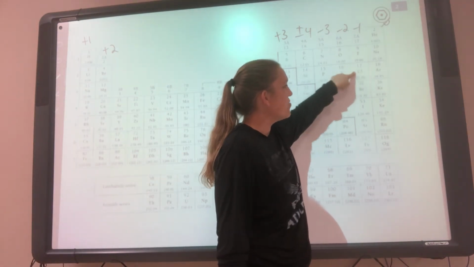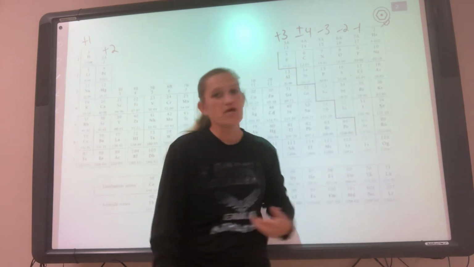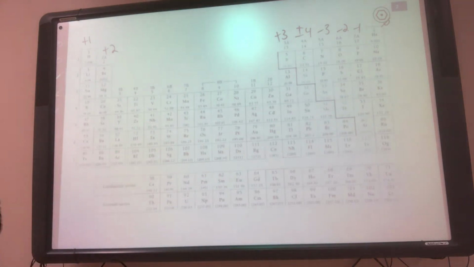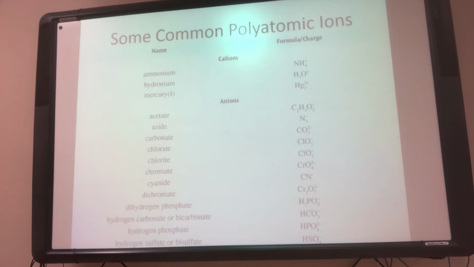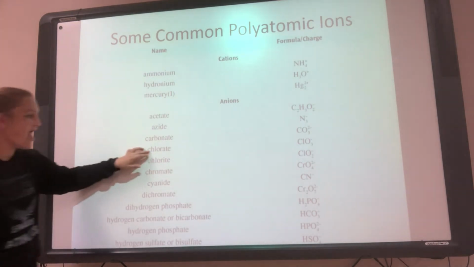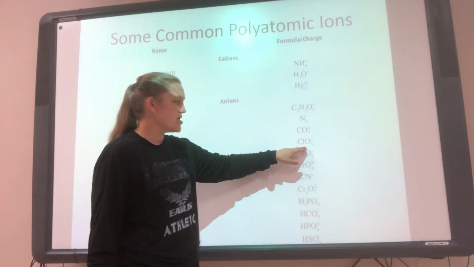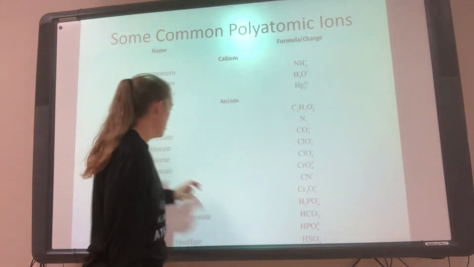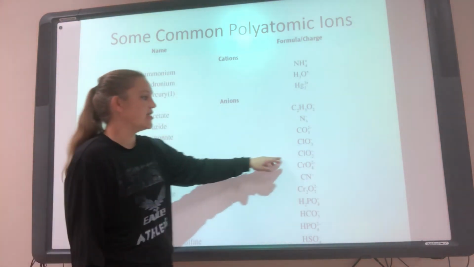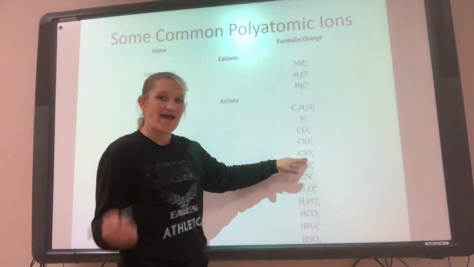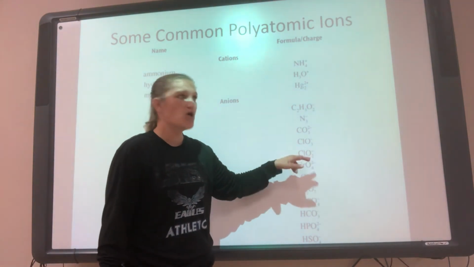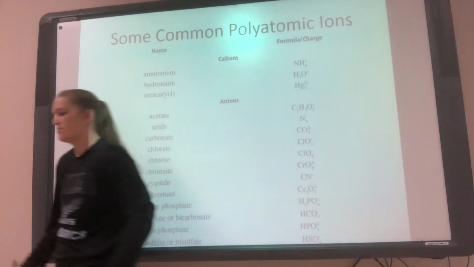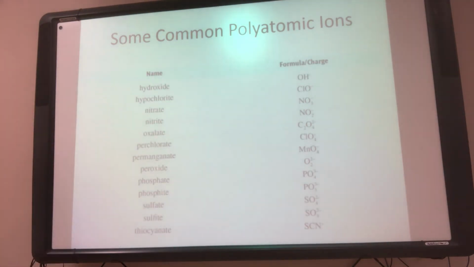So if I know what chlorine does, bromine should make the similar polyatomic ion. So if chlorate is ClO3 minus, then bromate would be BrO3 minus. If chlorite is ClO2 minus, bromite would be BrO2 minus. Okay, so similar patterns.